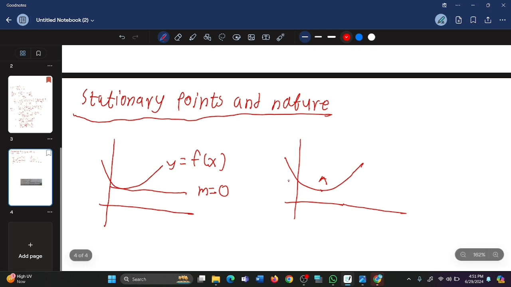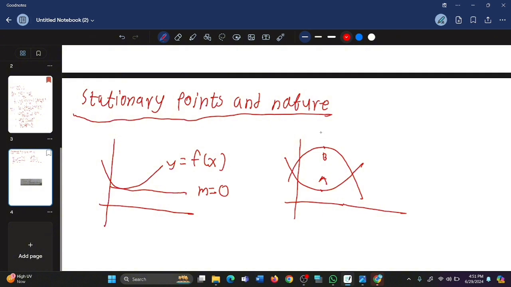But if you have a curve like this, and let's say the stationary point is B, then it has a maximum stationary point because there is no y value above B. At point B, the curve has its maximum y value.